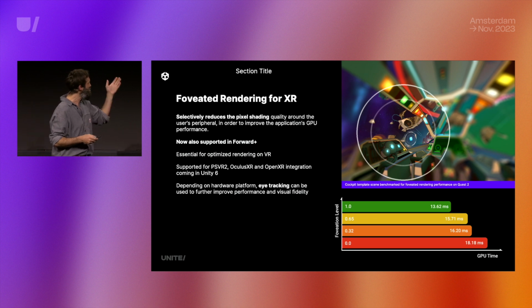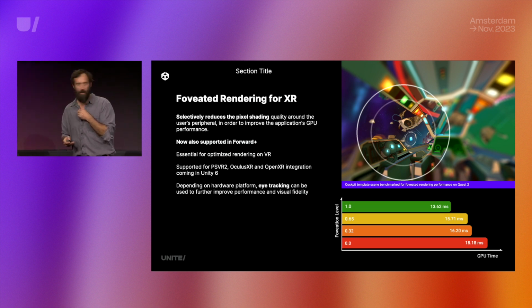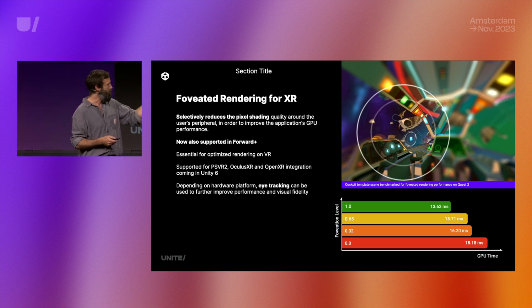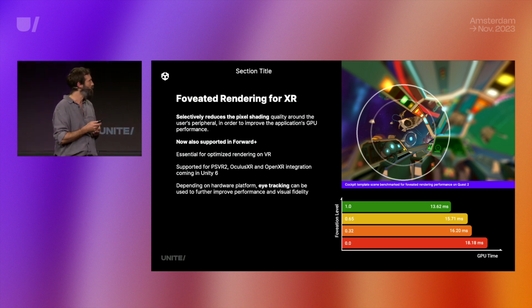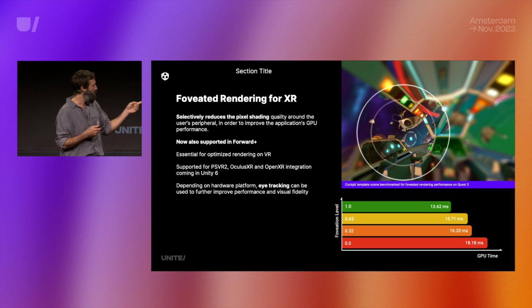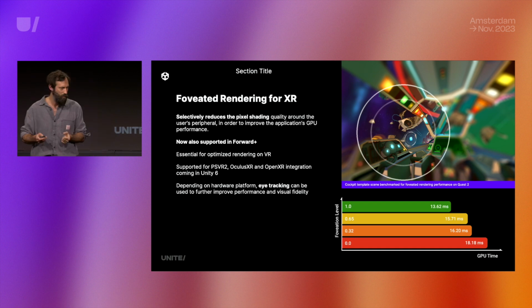It will be available specifically for PSVR 2, and I think there is another system already used on Quest 2 at the moment. But the result is pretty crazy when you start reducing the shading of your pixels. On this test, for example, on the cockpit template, we go from 18 milliseconds without any foveation level to 13 milliseconds, which is huge on a mobile app.